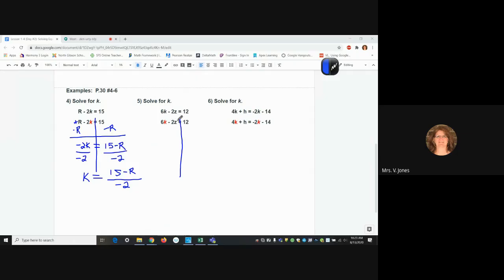So to get rid of this whole term being subtracted, we're going to add it to both sides. So the 2 z's go away, and you're left with 6k on the left. I'm going to bring the equal sign down, and then we have a 12 plus 2z.